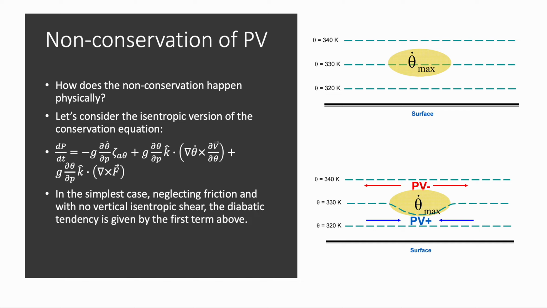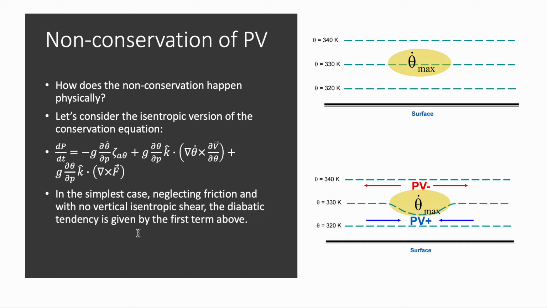So we can write the non-conservation terms in a more explicit form on isentropic surfaces, and just for the sake of argument, we can neglect friction. Let's say that there's no vertical isentropic shear. With these approximations, the non-conservation of PV is due to this term over here. It's simply proportional to the absolute vorticity itself and to the vertical gradient of the theta tendency.